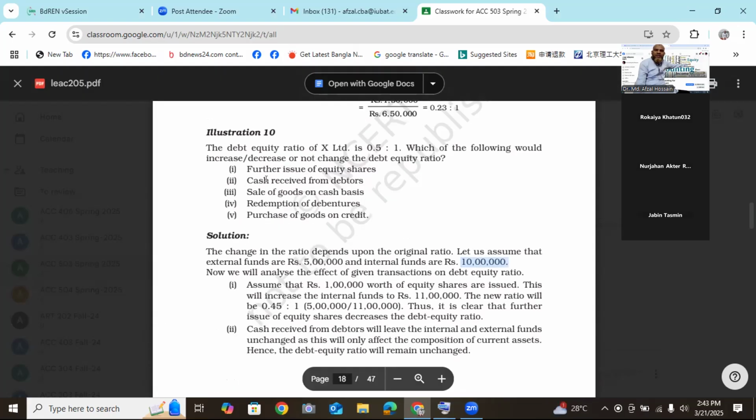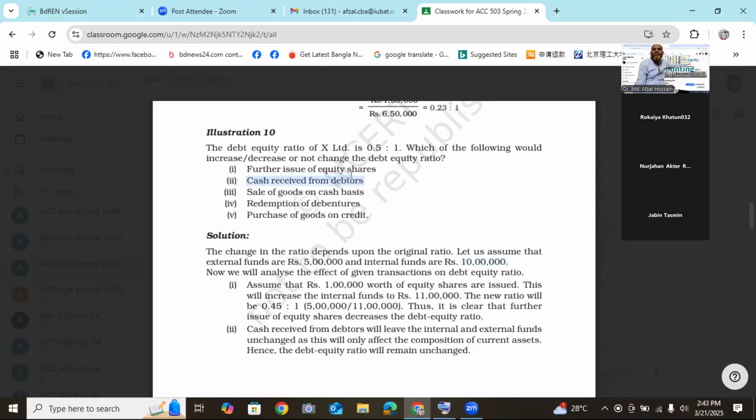Next, cash received from debtors. Who are the debtors?